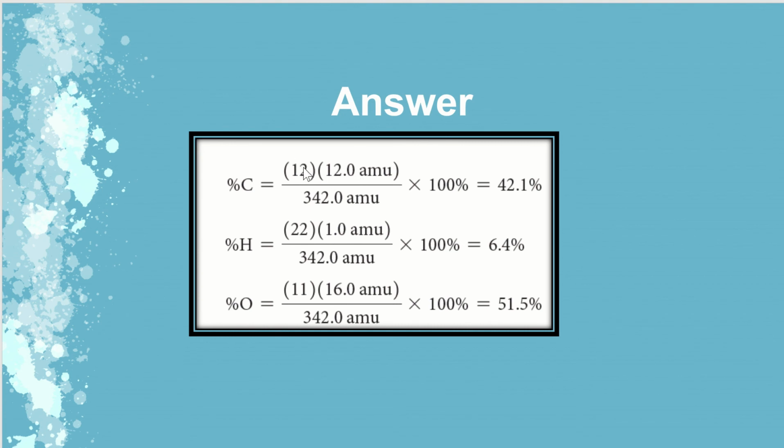We get our percentage composition of carbon, of hydrogen, and we do the same for all of them. So 42.1, 6.4, and 51.5. I hope you took the time to attempt that calculation.